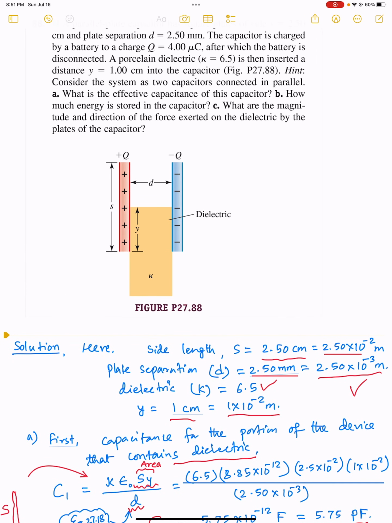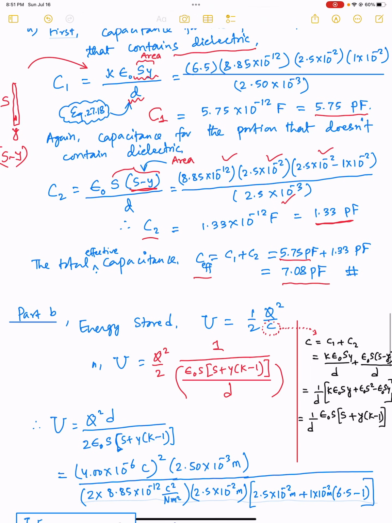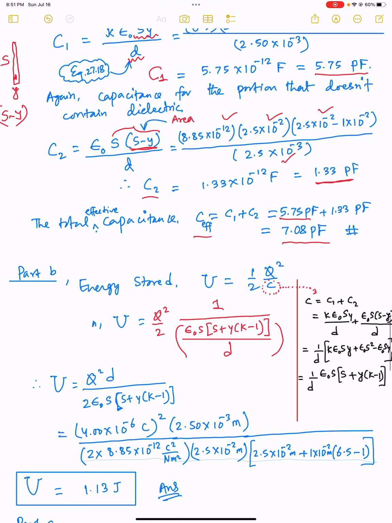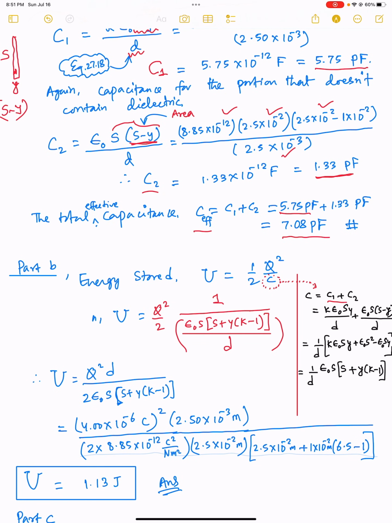For part B, we have to find out the energy stored. The energy stored is kind of easy, which is the same formula that we already encountered, that is 1 over 2 Q squared over C, but here C is C1 plus C2.